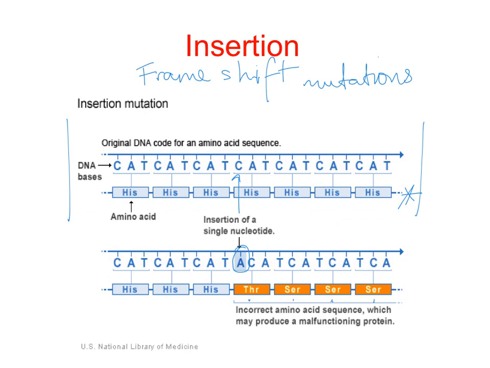It's either shifted forward or it's shifted backward. And that means that every single amino acid after the insertion or the deletion has been changed. And so therefore it's generally more harmful, since all the amino acids in the protein will have been changed from that mutation onwards.